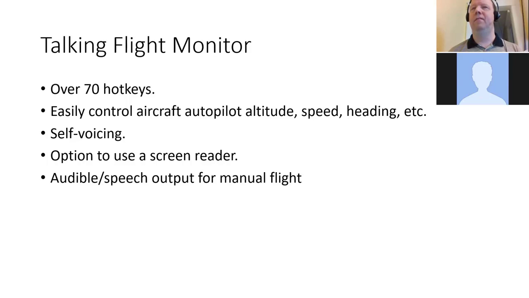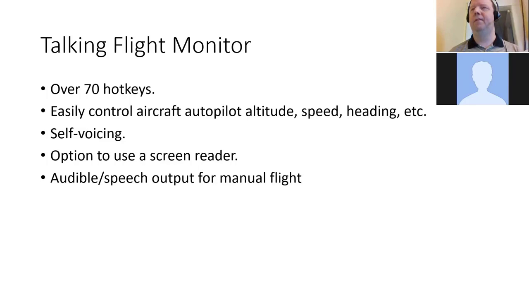This translates to grouping related UI elements in the same group. For example, all of the autopilot speed controls are generally located in a single window. Same thing with heading and altitude.